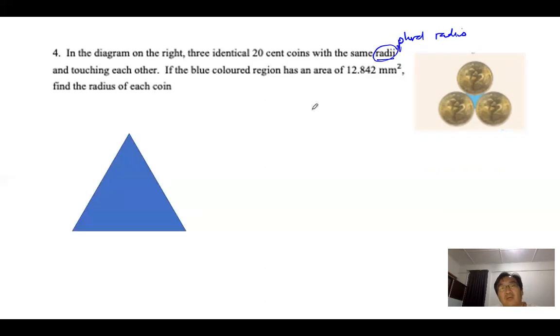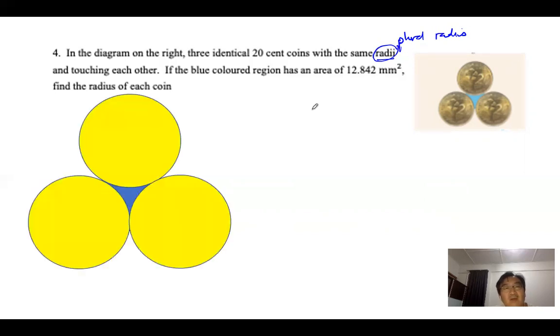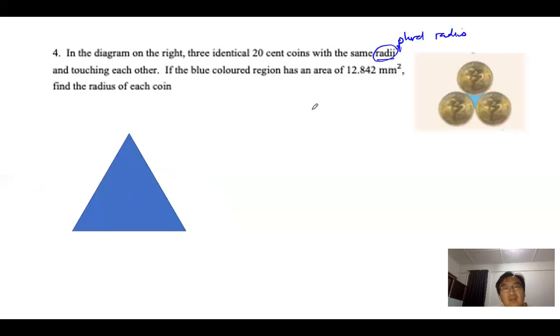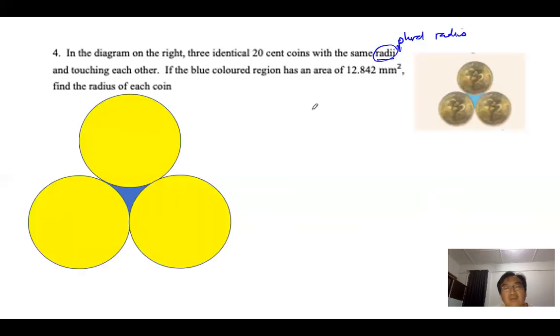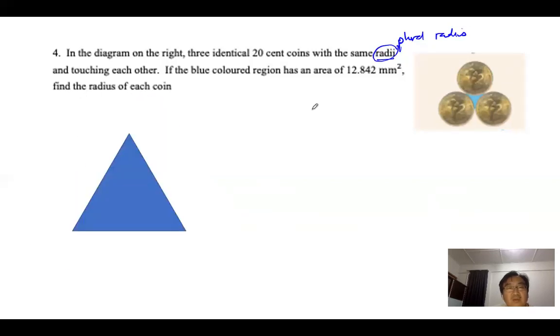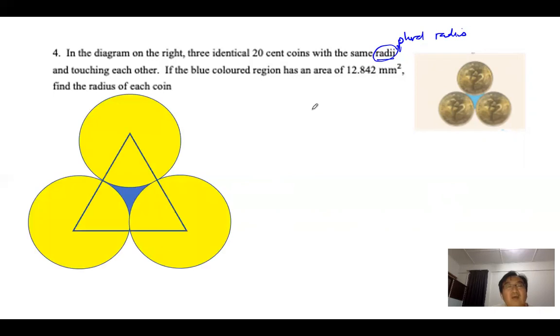So you can see here, this is an equilateral triangle, all the sides are the same. Why do I say equilateral triangle?